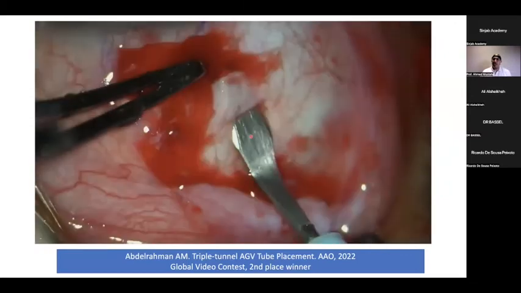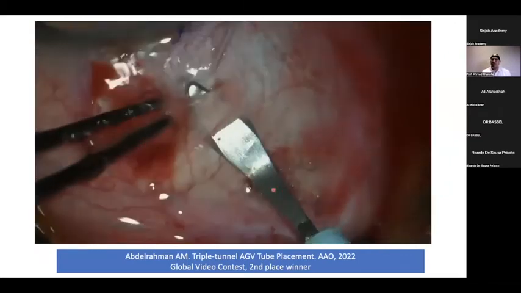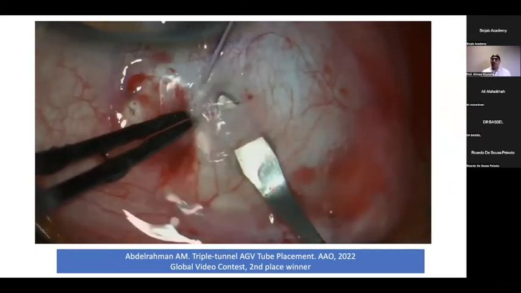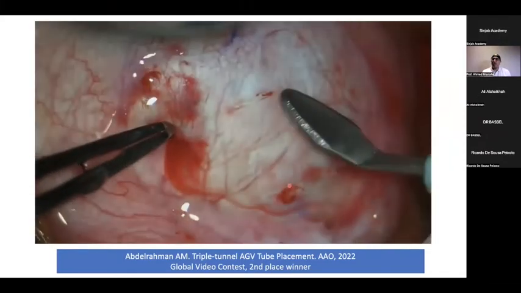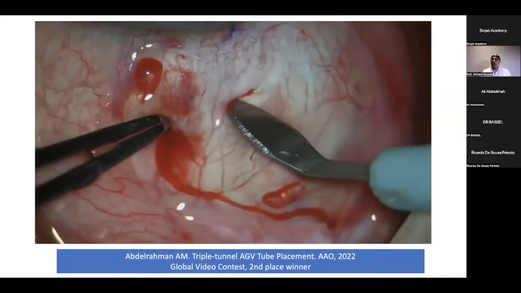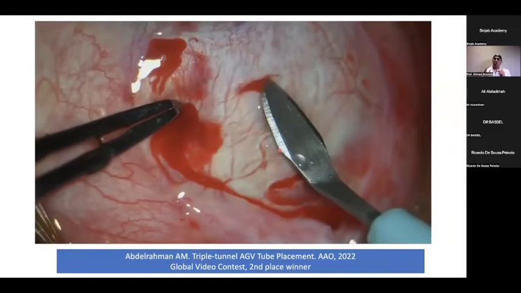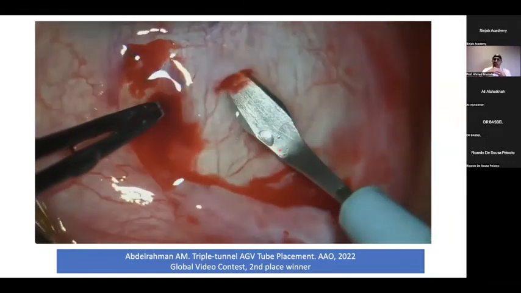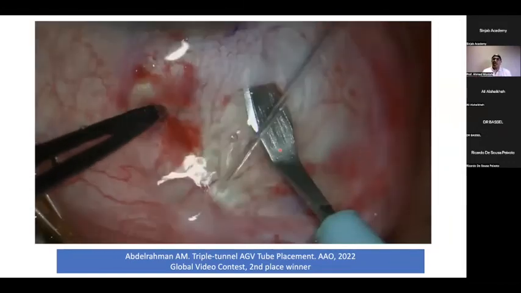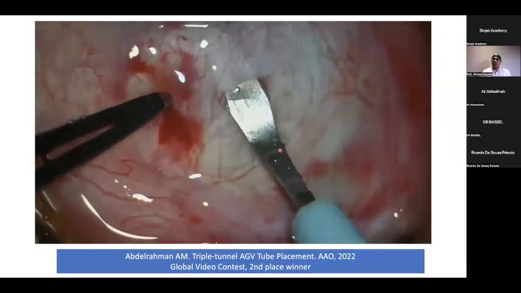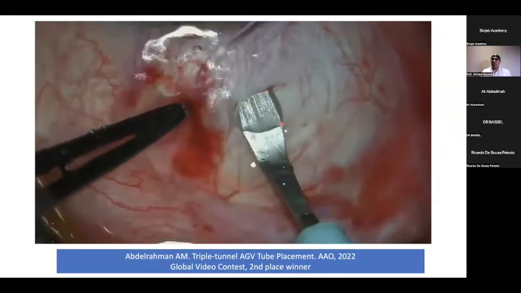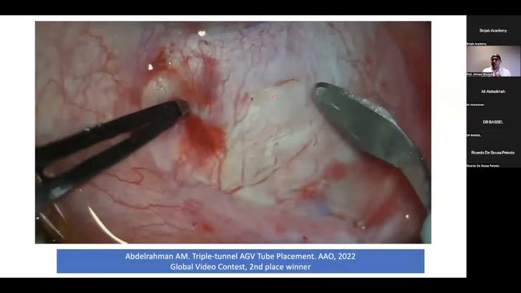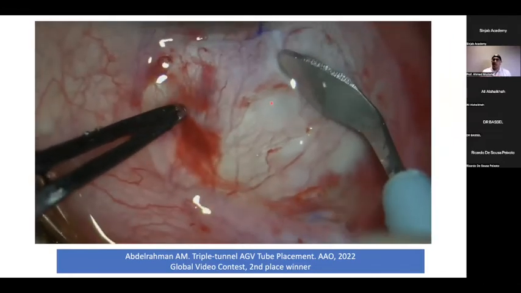Every tunnel does a certain function: the distal tunnel keeps the implant from forward migration, the middle tunnel keeps the tube conformed to the sclera, and the last tunnel adds more protection to the tube. Then I prepare the scleral flap for the tube insertion inside the eye.